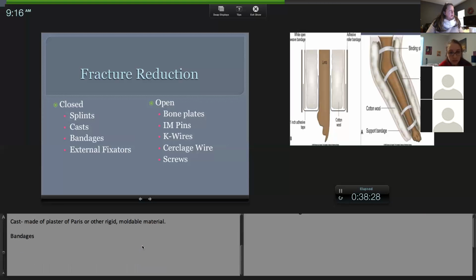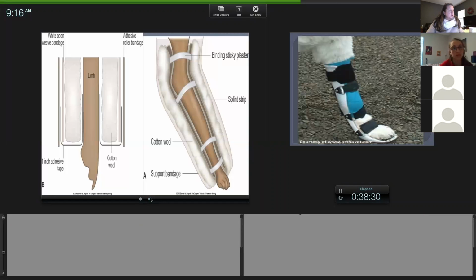If I look at this picture, okay, here's an example. Here's the limb. That's a very deformed looking paw, weird picture. They've basically put some type of thick cotton padding. Sometimes we wrap this 3 or 4 times. There's different types. In Animal Tech 6, you do bandaging. You talk about different types of bandage material.